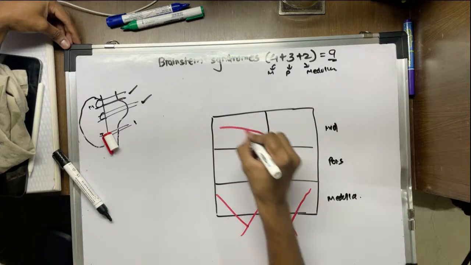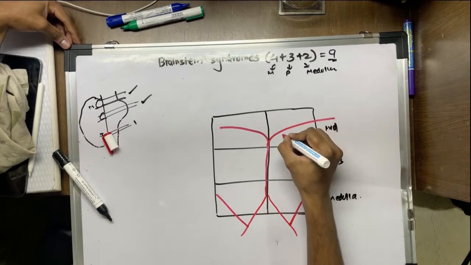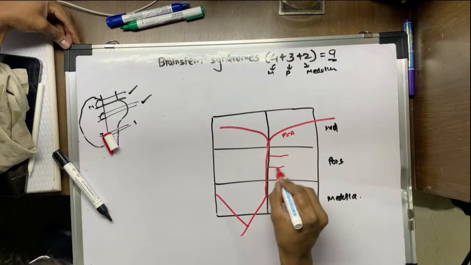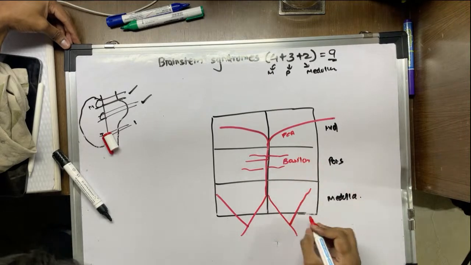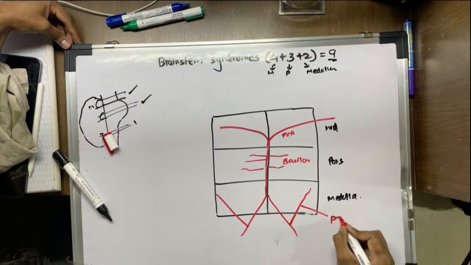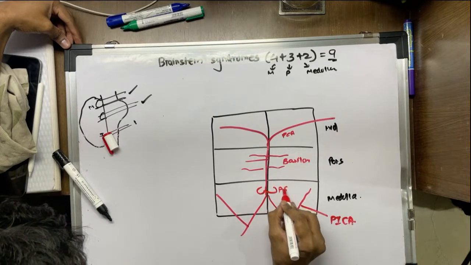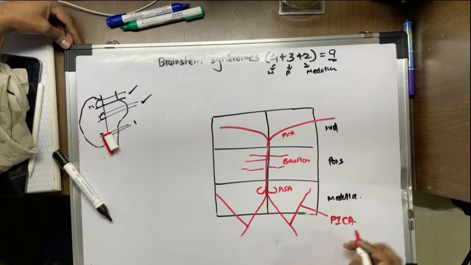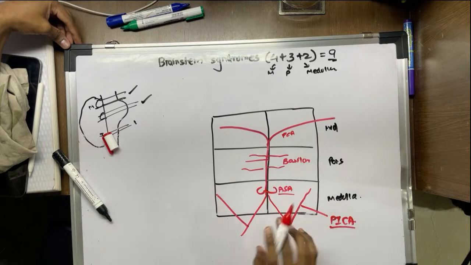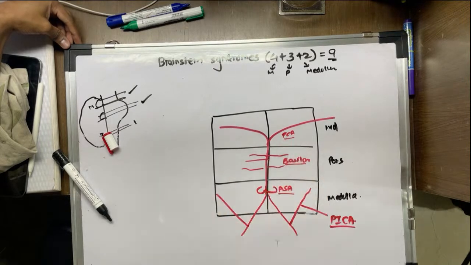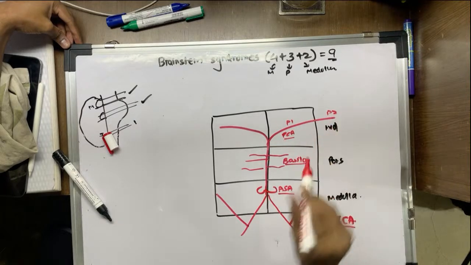Now the basilar artery will divide into the PCA. The basilar artery will give the branches, this is PICA, and also it will give a branch which is ASA, the anterior spinal artery. PICA is posterior inferior cerebral artery, ASA is anterior spinal artery, and then basilar and posterior cerebral artery. This one is the P1 and this is the P2 segment. Okay, simple.